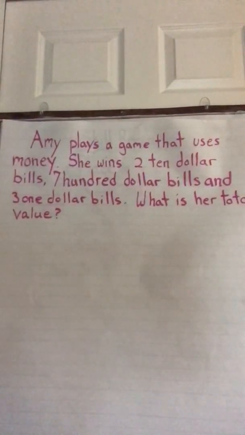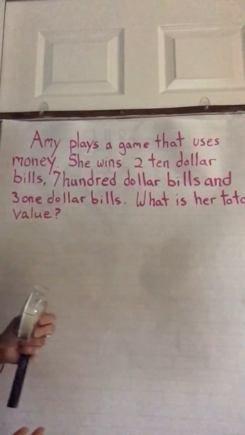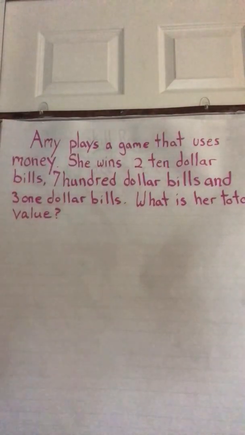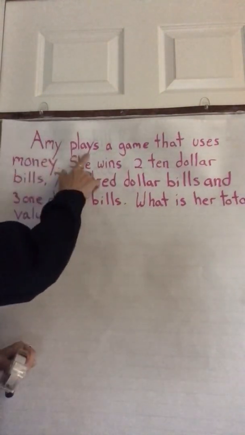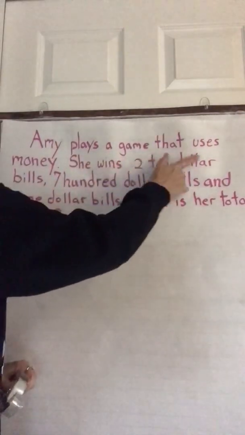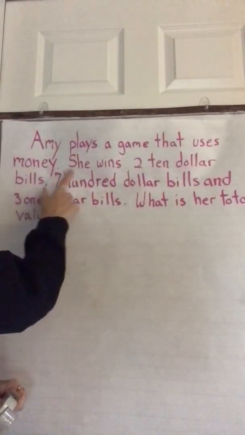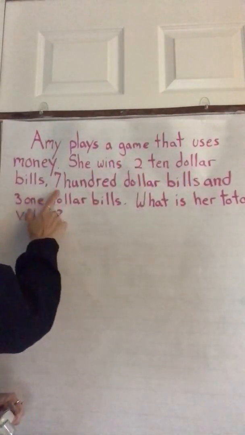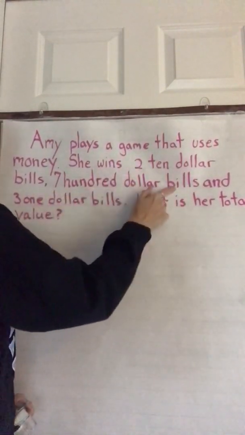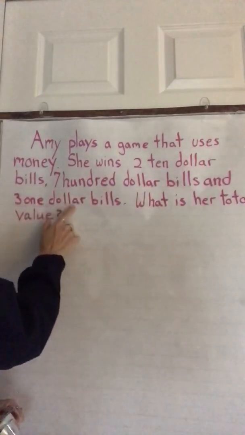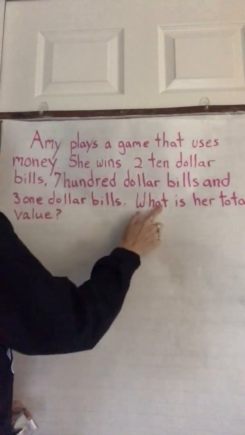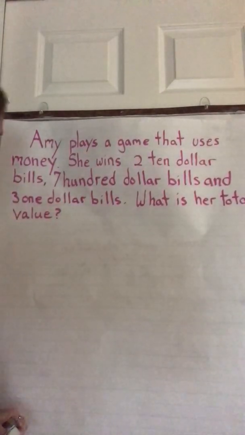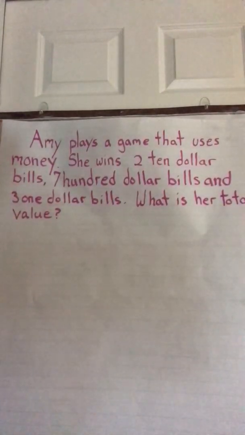So in our 3 reads, we know that our first read is, what is the problem about? So I'm going to read it. Amy plays a game that uses money. She wins 2 $10 bills, 7 $100 bills, and 3 $1 bills. What is her total value?